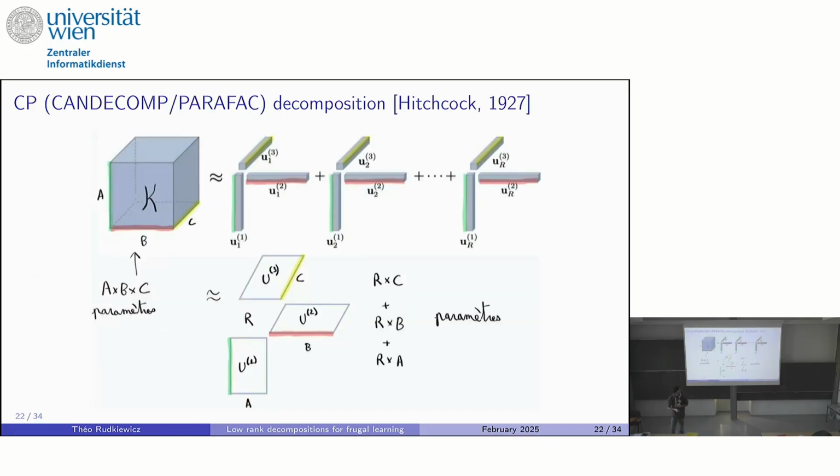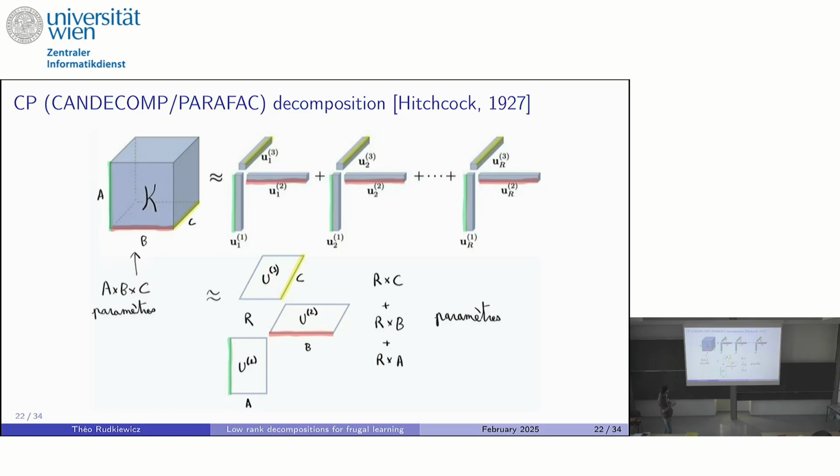So, for example, we can start with maybe the most famous decomposition for tensors, which is the CP decomposition. In the case of matrices, we approximate by the sum of products of rank 1 matrices, that are vectors multiplied by a singular value. And here it's the same, but instead of having only 2 vectors, we have as many vectors as there are orders.